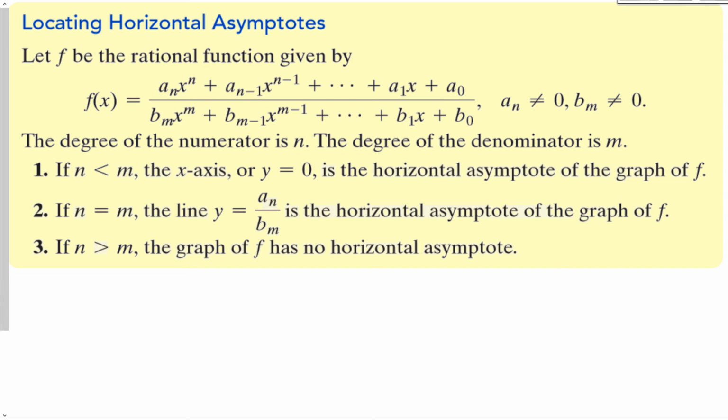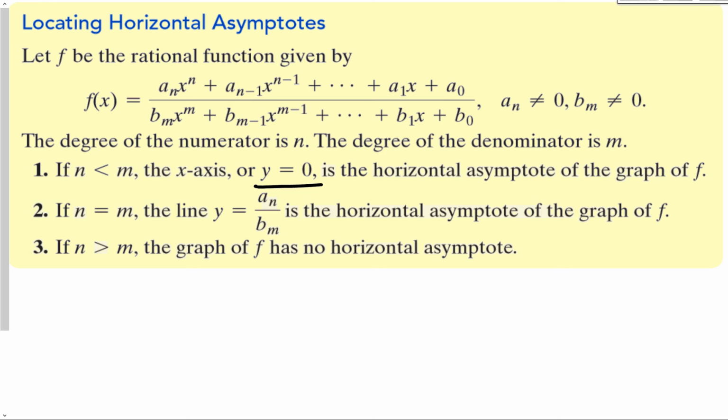If n is less than m, that means there is a horizontal asymptote, and it is the x-axis, y equals 0. Only if the bottom one is bigger. If the bottom exponent is bigger, the horizontal asymptote is 0.